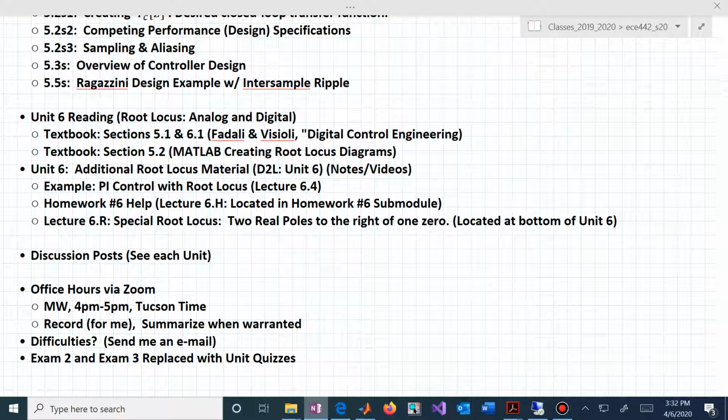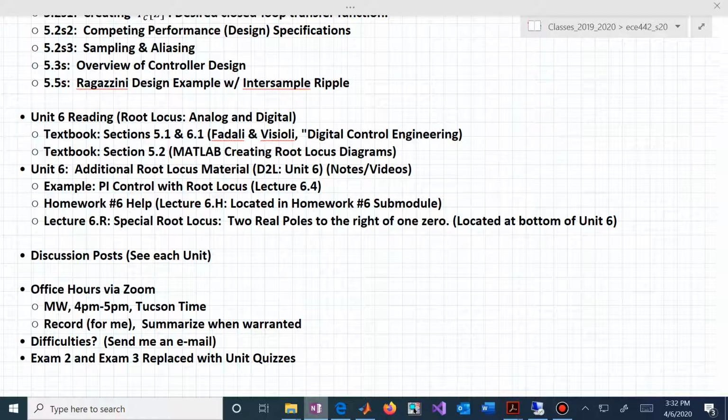Homework number 6, there's also help provided for homework number 6 in the form of a note and video, and that's located in the homework number 6 submodule inside Unit 6.